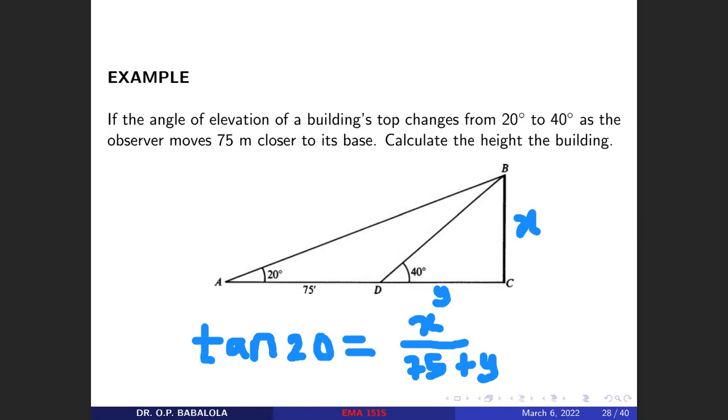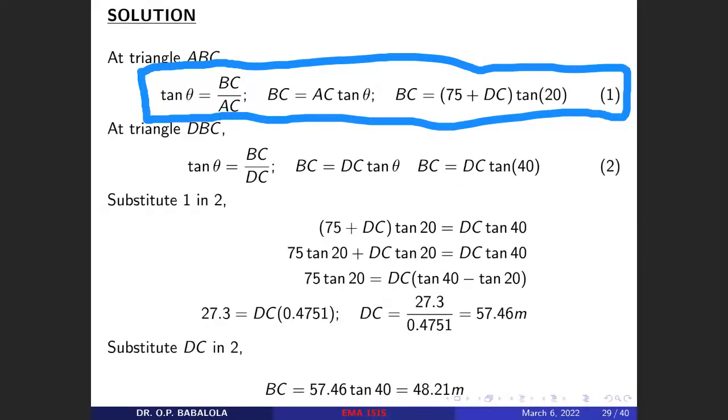We're still going to use the same tan. We have tan 40 equal to opposite X over Y. That is BC over DC. And by the time you make X the subject, X will be Y tan 40. Are you following? I hope everyone is following. I'm going front and back so you can see the picture, and then I'll go to the solution so you can see the solution.